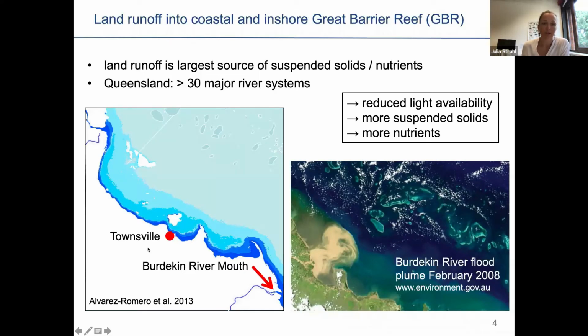And on the left-hand side, you can see coastal environments impacted by these flood plumes of the Burdekin River, and shaded in dark blue are the ones which are mostly affected.